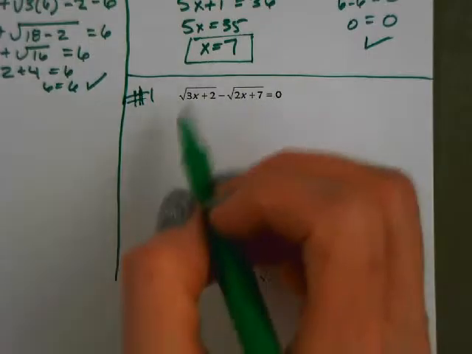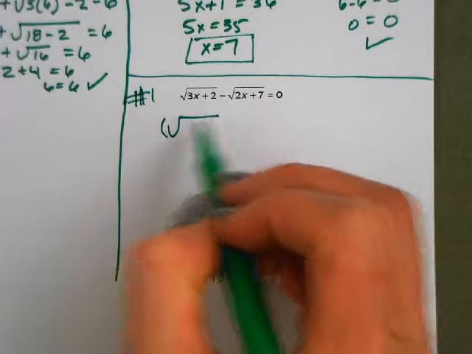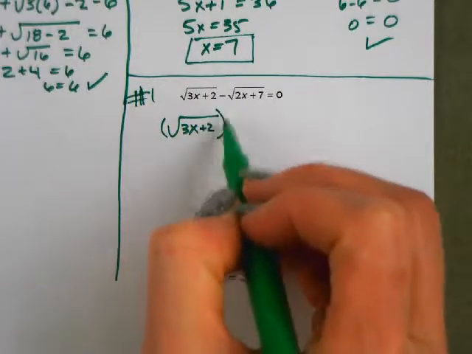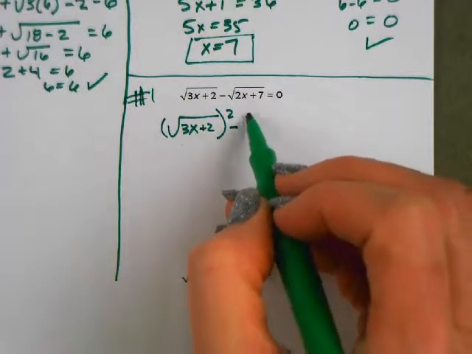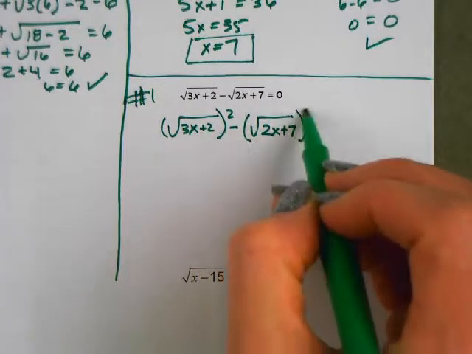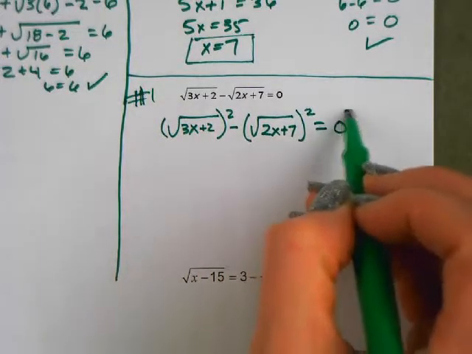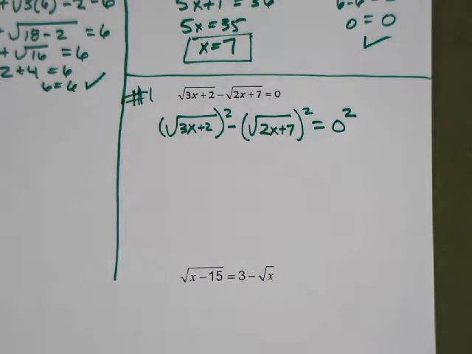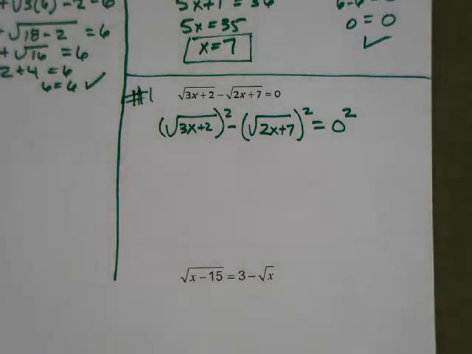So they're both squared, so we're going to do the square root of 3x plus 2, square it, minus, and then parentheses the square root of 2x plus 7 squared equals 0 squared. Even though it's 0, you still want to square it. Okay, so make sure every term, basically every single term needs to have that power applied to it.